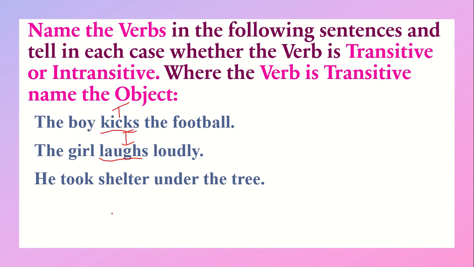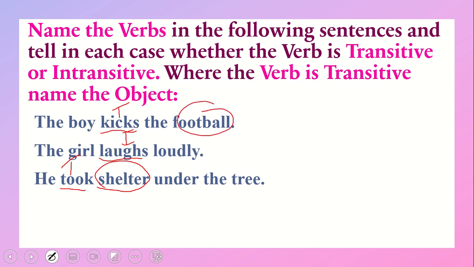If you say he took, the verb is took. He took. This is incomplete until you write an object in this sentence to complete its meaning. So this took is a transitive verb because there is a need of an object in this sentence to complete the meaning.